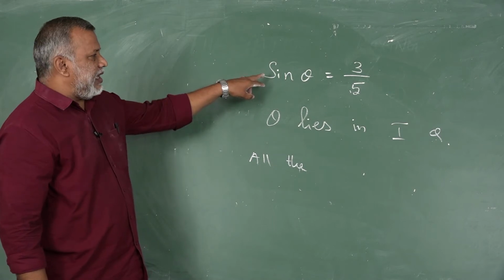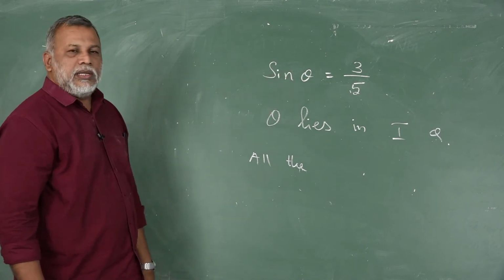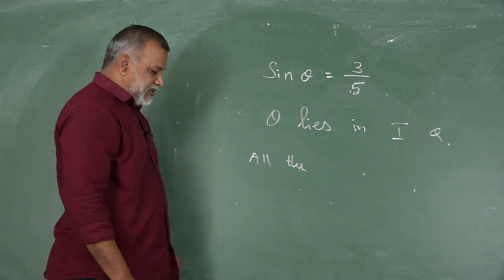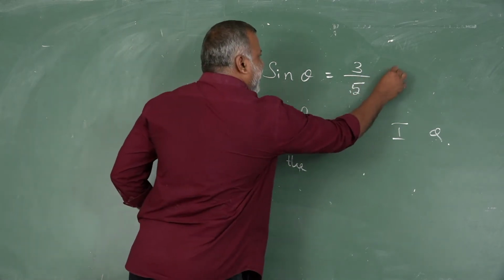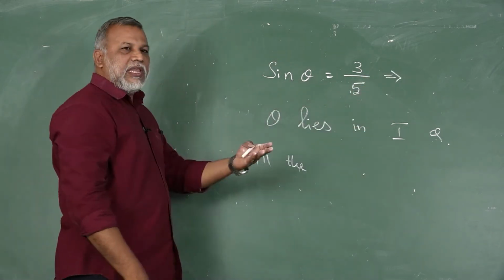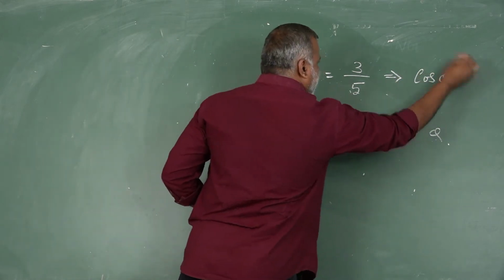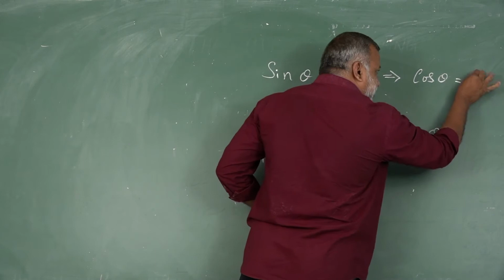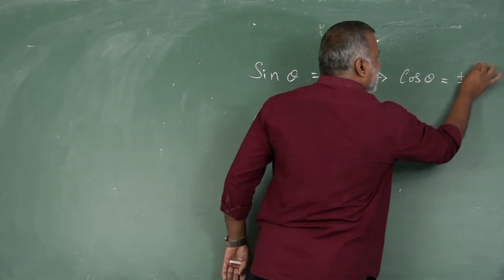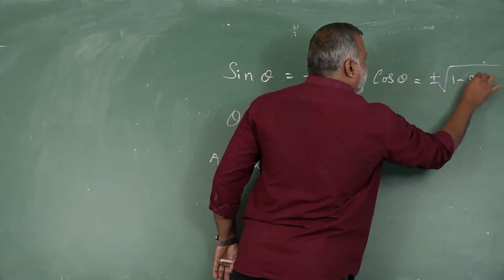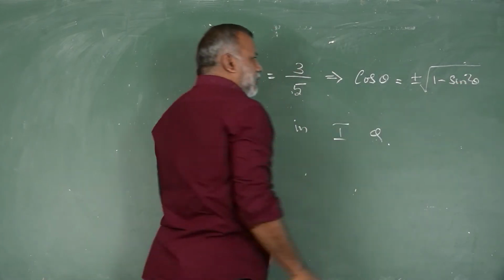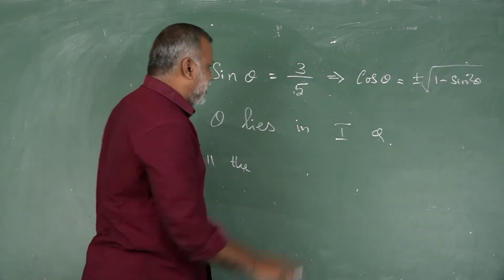Now listen, we have sin theta equal to 3 by 5. With the help of this sin theta, we are able to find immediately the value of cos theta. Just listen, cos theta is equal to, by the identities, plus or minus square root of 1 minus sine square theta. All these concepts we already discussed.